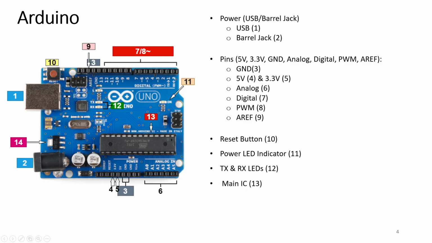The main IC, label 13. The black thing with all the metal legs is an IC, or integrated circuit. Think of it as the brains of our Arduino. The main IC on the Arduino is slightly different from board type to board type, but is usually from the ATmega line of ICs from the Atmel company.